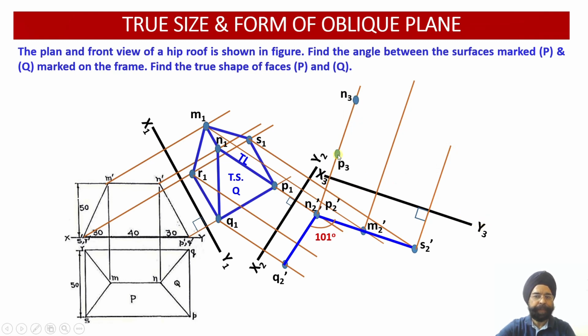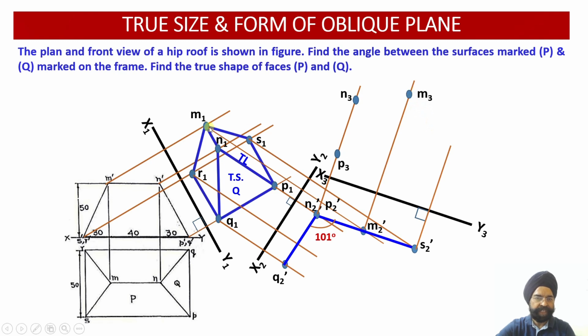Please check. P3, I have marked this distance. How much is this distance? You can check. Distance of P1 from the second intermediate auxiliary plane has been measured with the help of the compass or divider, and marked over here. Similarly, the distance of N is this much. From x2, y2, measure the distance of N1. From x3, y3, mark the distance as N3.